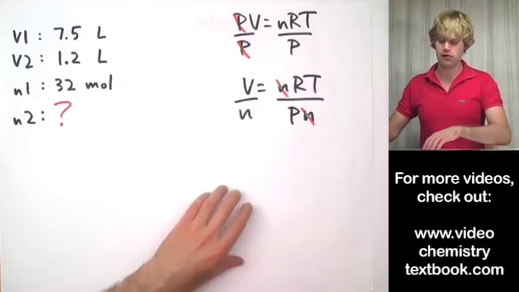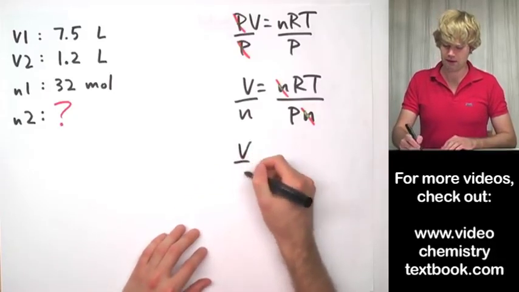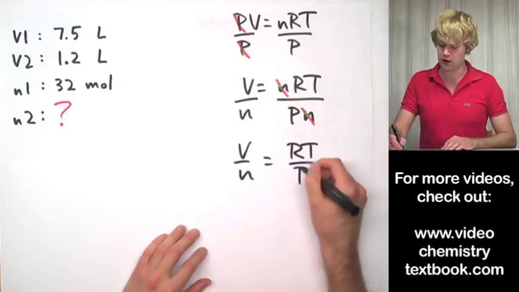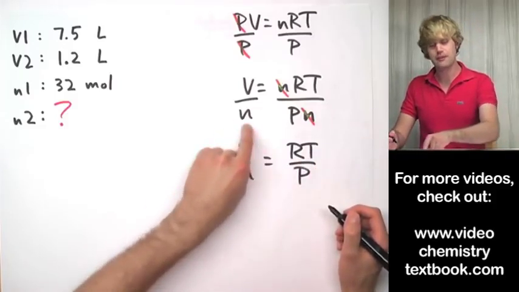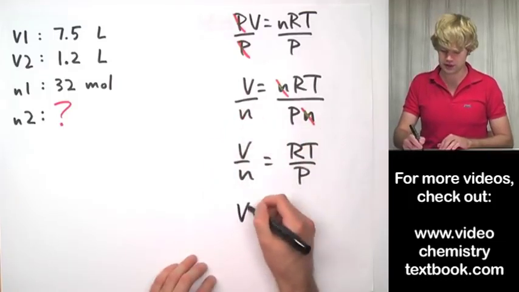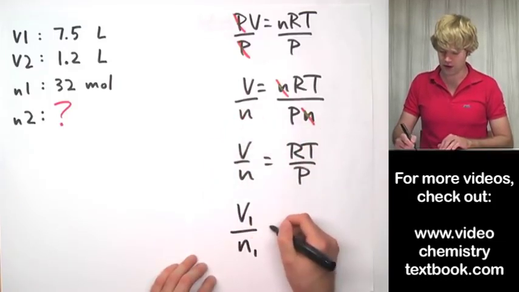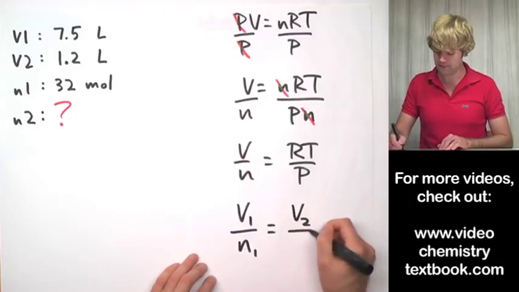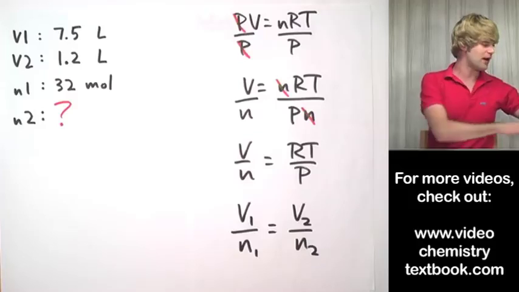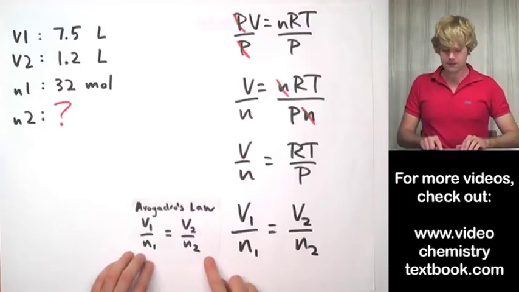Cross that out. And then I have V over n equals RT over P. I have this guy by itself, so let me double it before and after on both sides of the equal sign. V1 over N1 equals V2 over N2. And what I did there was I came up with Avogadro's law.